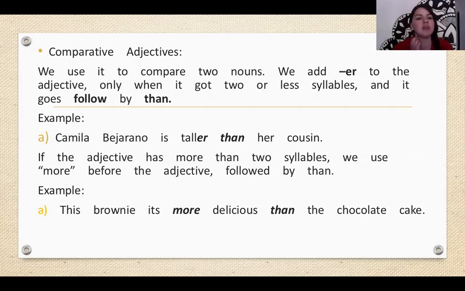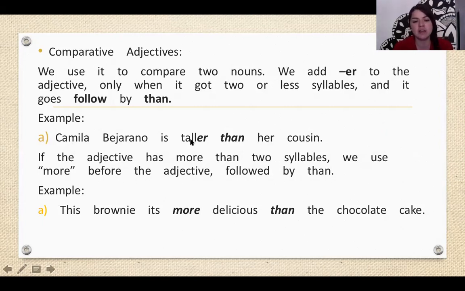Let me read you the text. We use it to compare two nouns. We add ER at the end of the adjective only when it has two or fewer syllables, and it is followed by than. I wrote an example here. Example: Camila Bejarano is taller than her cousin.